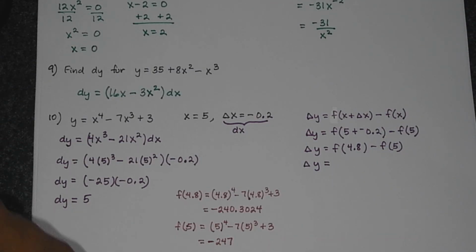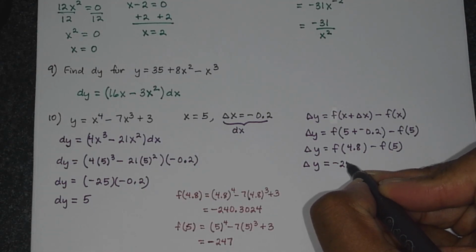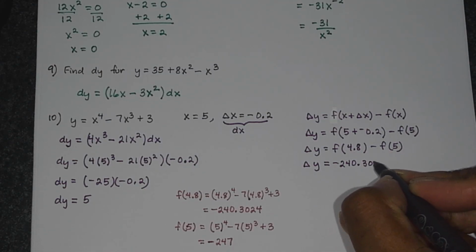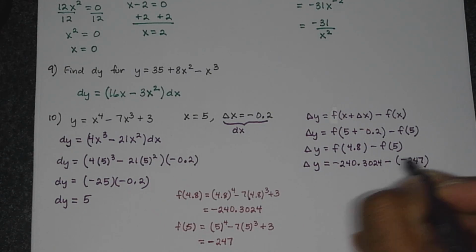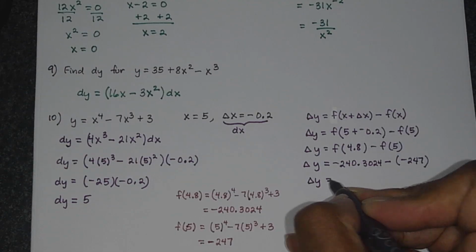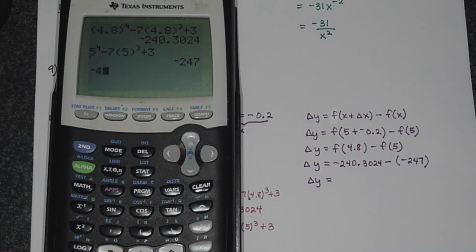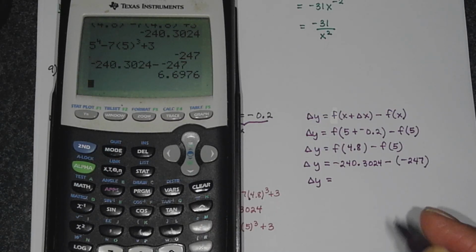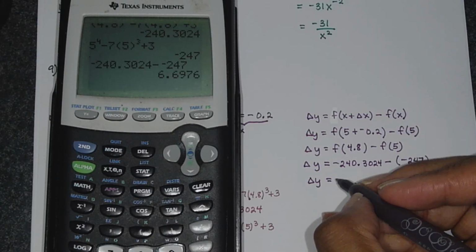So to simplify this, f of 4.8 was negative 240.3024 minus f of 5, that's negative 247. Okay. So if I do negative 240.3024 minus a negative 247, I'm going to end up with 6.6976.